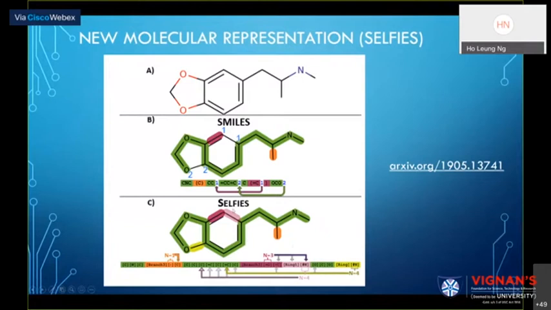And the advantage of SELFIES is that they contain the complete topological connectedness of the molecule, and they also include some rules about what kind of atoms can and cannot be connected.